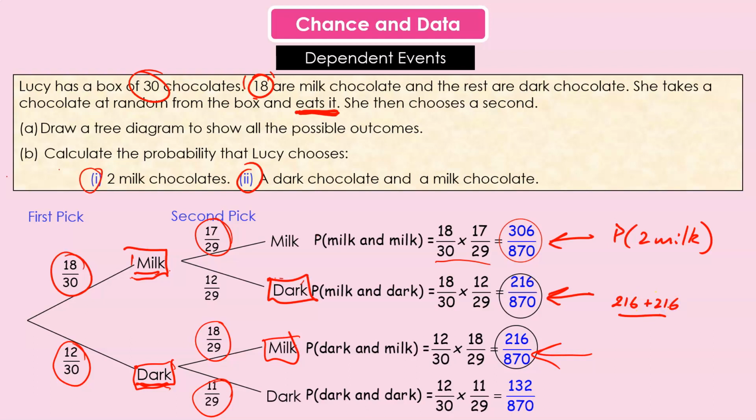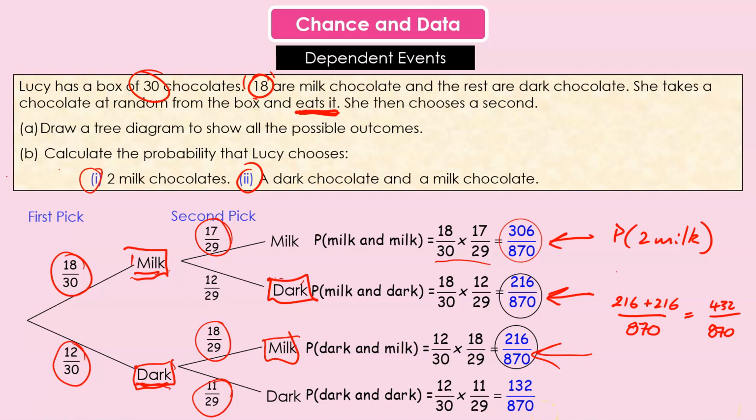I don't need to change them or anything like that. So it's 216 plus 216 over 870, which adds to 432 over 870. And then that answers our question.